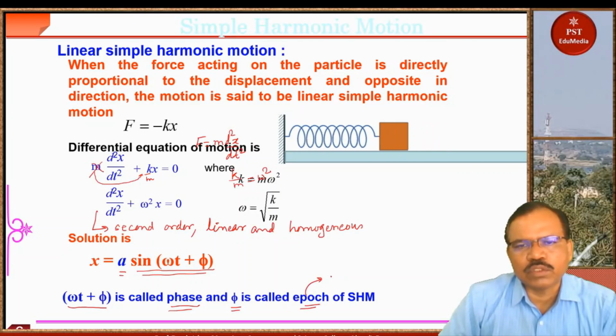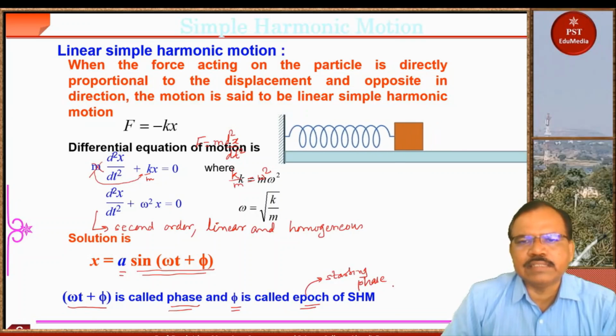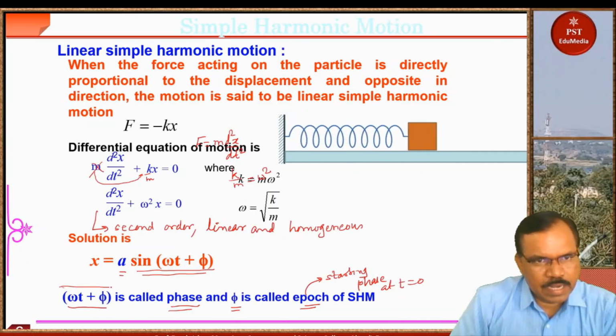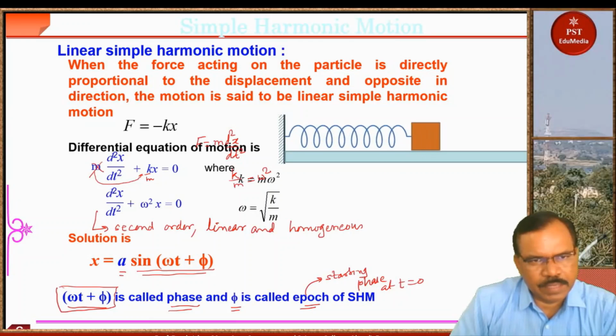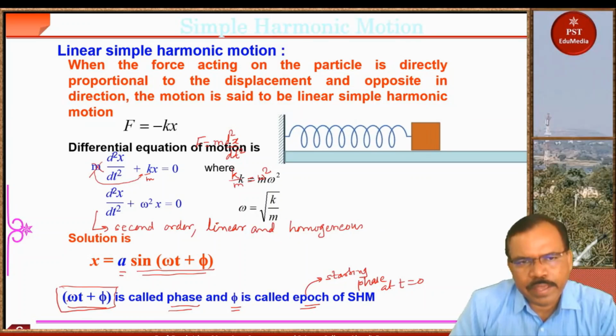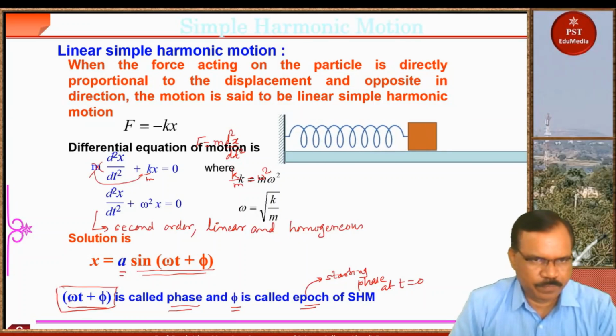Epoch is also the starting phase, meaning the phase at time t is equal to 0. The phase omega t plus phi decides x at time t.